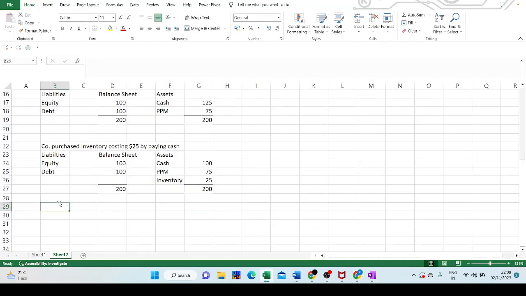Next, guys, now you bought this inventory at 25, right? You bought this at 25 and you sell this inventory that you purchased at 25 at $40. You sell inventory costing $25 at $40.